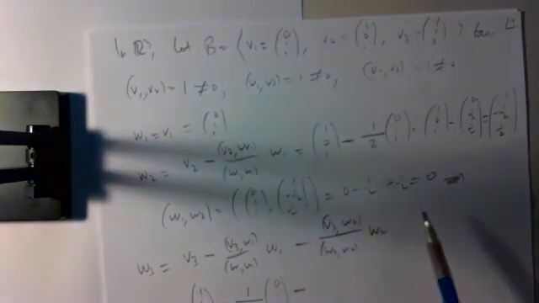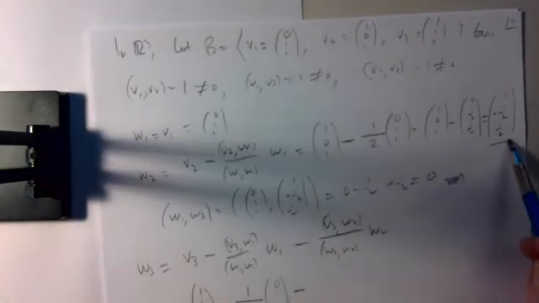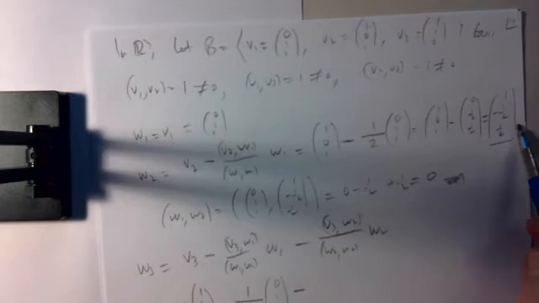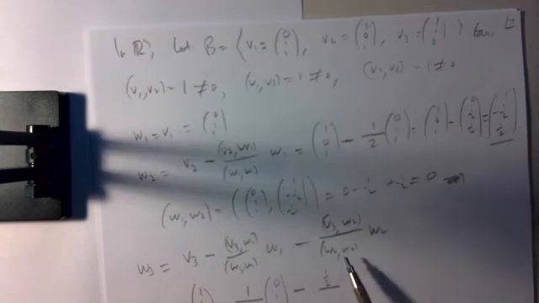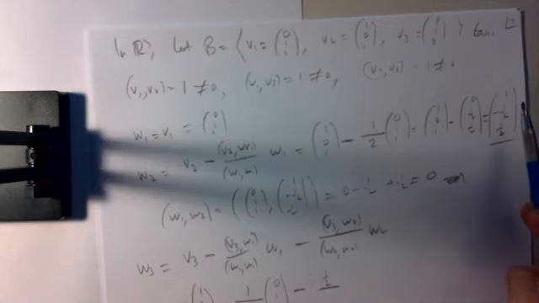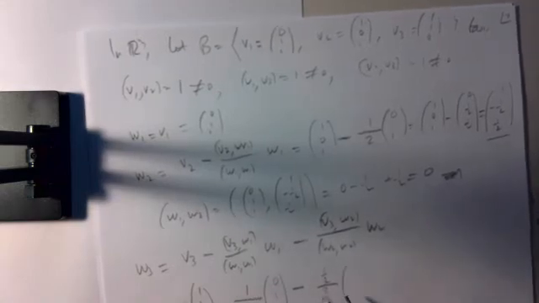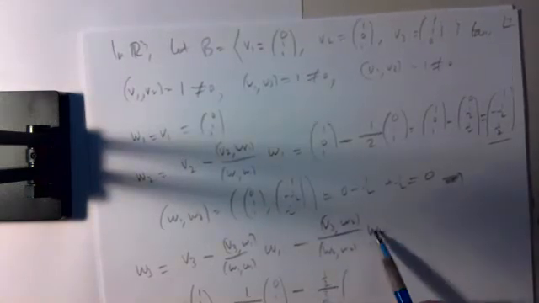So this is w_2, (1, -1/2, 1/2), with (1, 1, 0): 1 minus a half. That inner product is a half over the square of the length of w_2. That's 1 plus a fourth plus a fourth, that's 3/2, times the vector w_2.